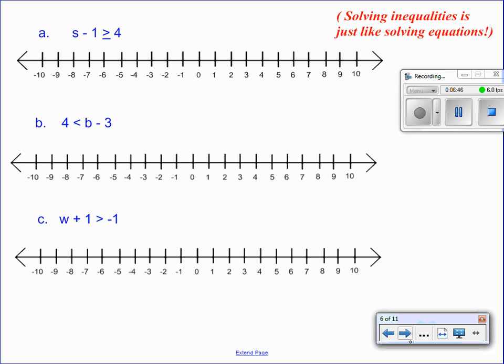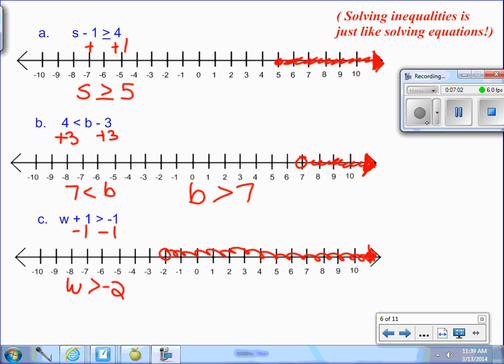Okay, in A, B, and C, we're going to solve the inequality and graph it. Again, display your answer so that the variable will be on the left-hand side of the inequality to help you graph it. Now, in solving inequalities, we added or subtracted each side of the inequality.